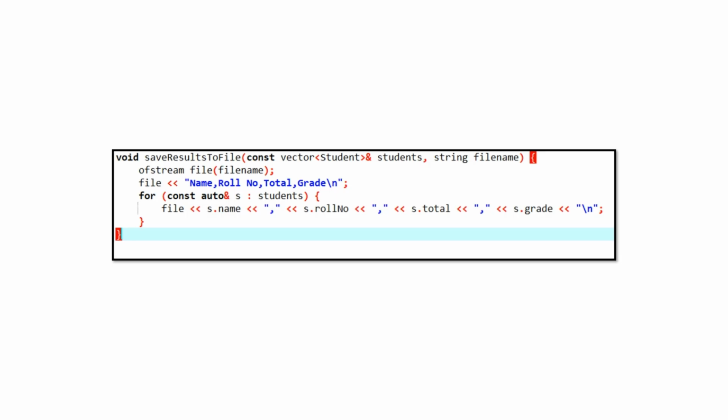Next, we have the save result to file function. This function writes the final result to a new CSV file. It opens an output file stream, writes headers such as name, roll number, total, and grade, and then iterates through the student list, writing each student's data into the file.